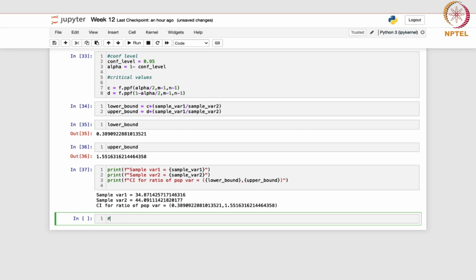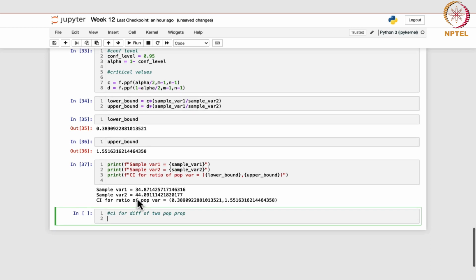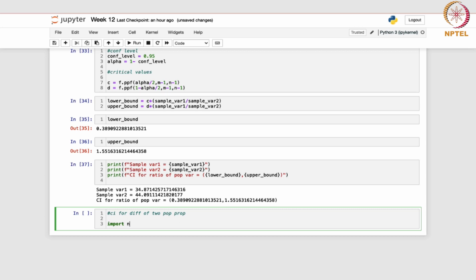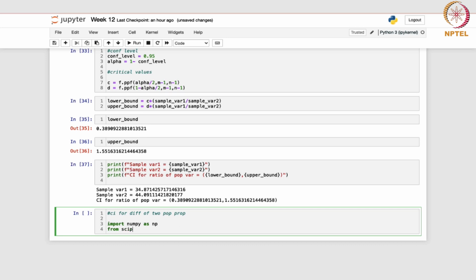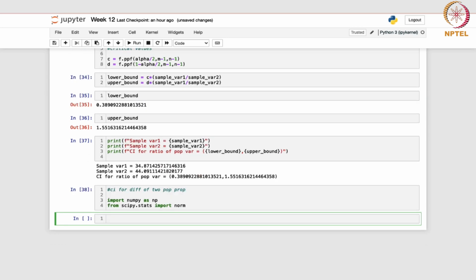So finally, we move on to the confidence interval for the difference of two population parameters, the difference of two population proportions. So let us import numpy as np, and from scipy.stats import norm, because in this case you can recall that we use the normal distribution when we are talking about proportions, because the binomial can be approximated using the normal distribution.